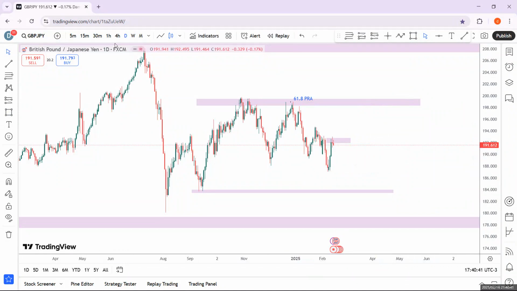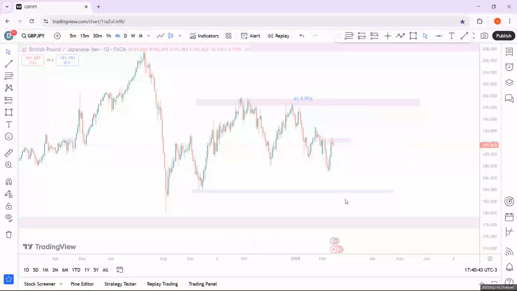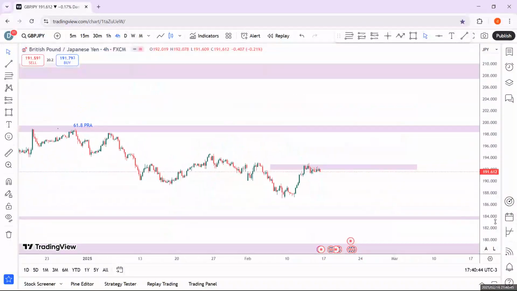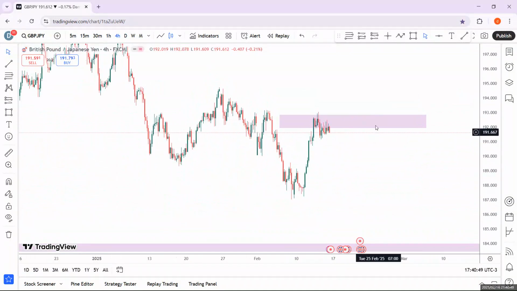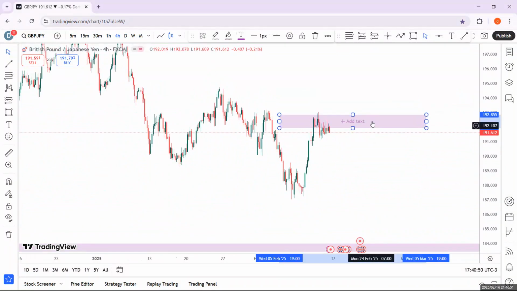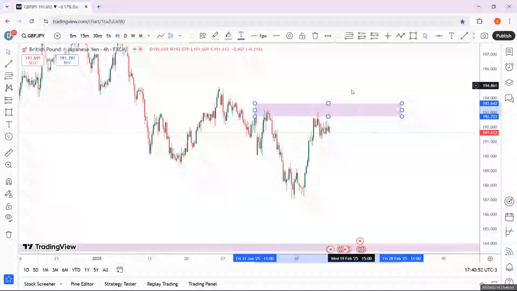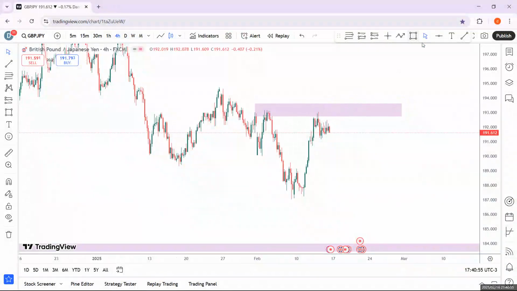So now I went to the 4-hour time frame again to see if there is any other thing that makes that level a PRA. We now discover that apart from all this zone being a 61.8 zone, there's also a resistance around this zone. So all these zones are now resistance slash 61.8 potential reversal area.